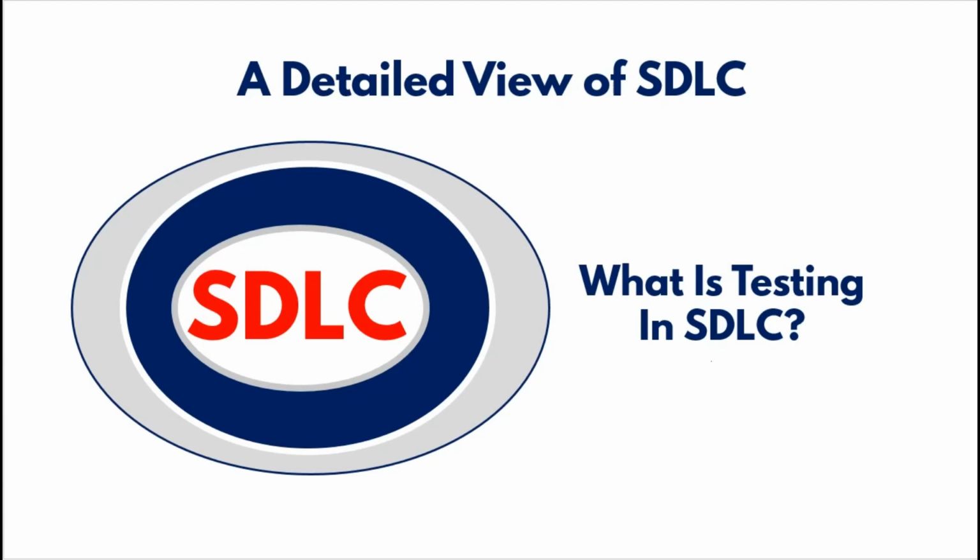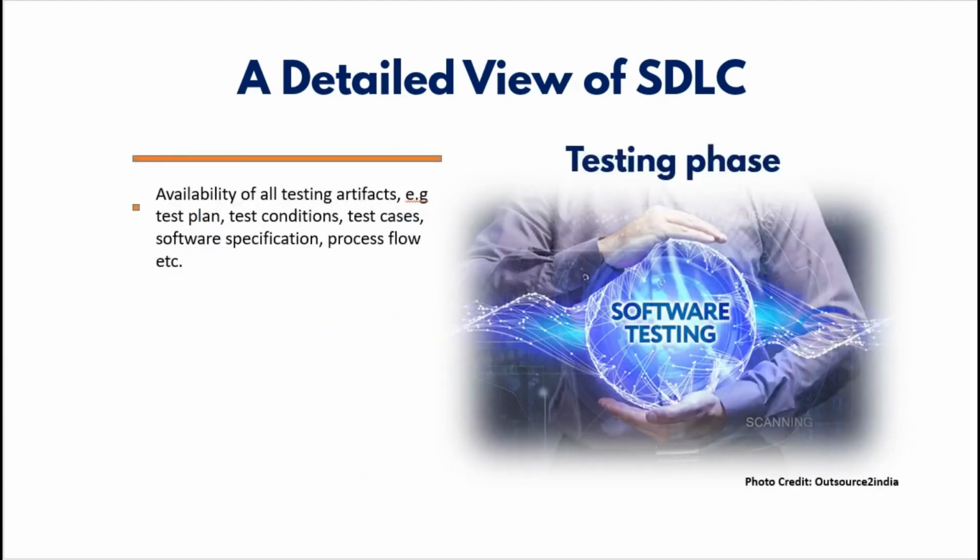So in this phase, before testing can be done, there must be availability of all testing artifacts. Some of them are the test plan, test conditions, test cases, software specification itself, the process flow, and the required traceability matrix also must be available, and some other test artifacts must be available before this phase can begin.